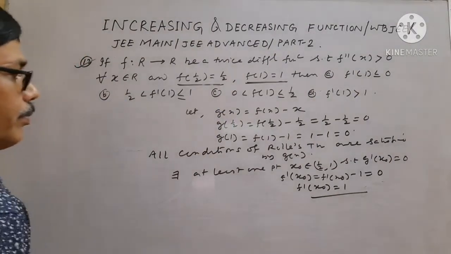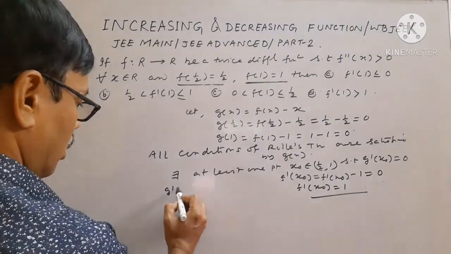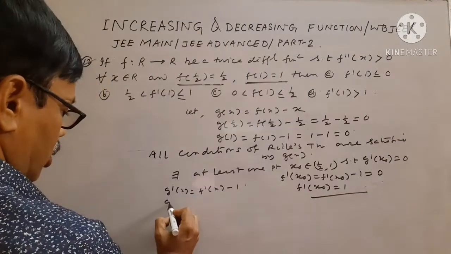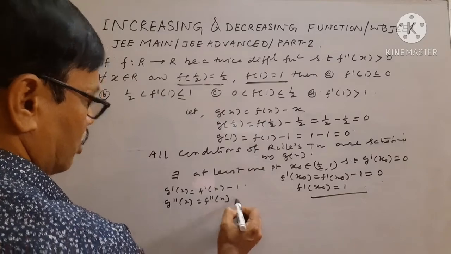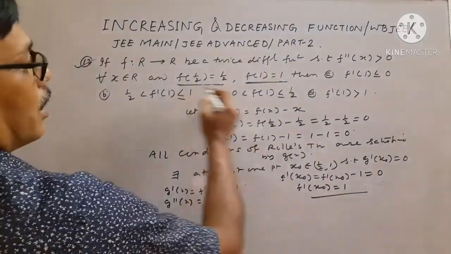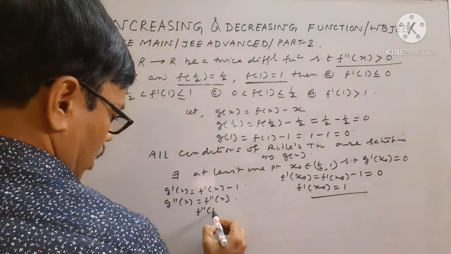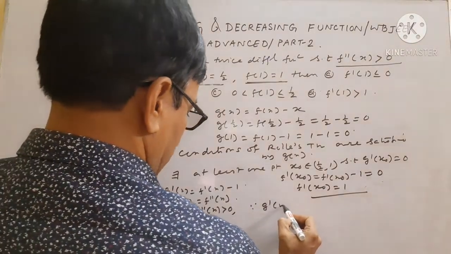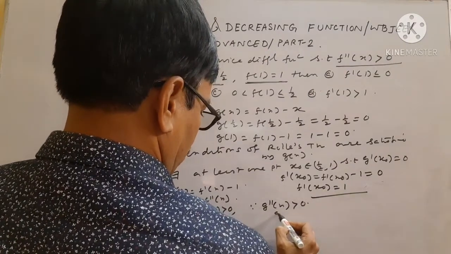Now g dash x equals f dash x minus 1. g double dash x equals f double dash x. Now it is given that f double dash x is greater than 0. Therefore, g double dash x is greater than 0.